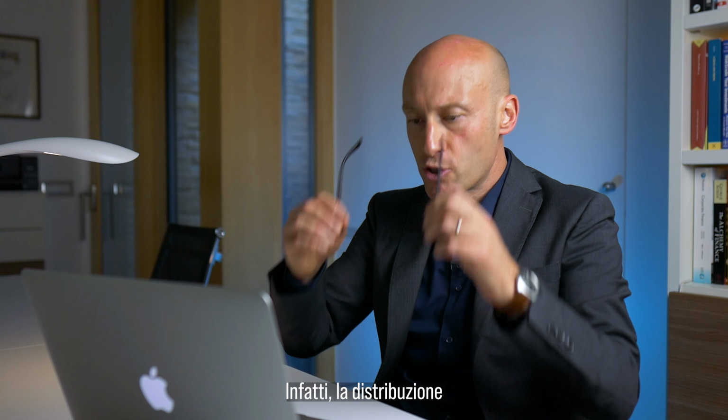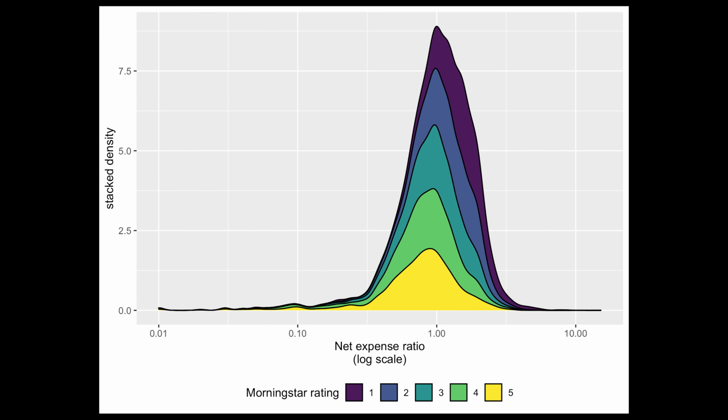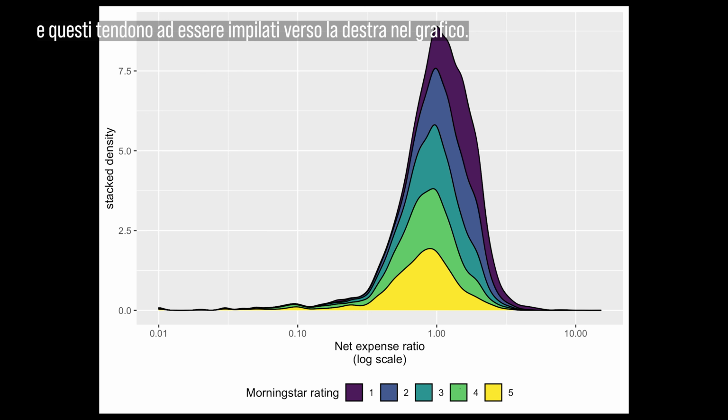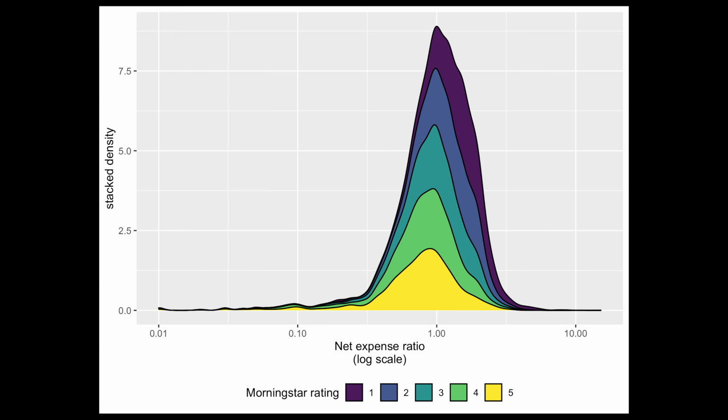Indeed, the distribution in the net expense ratio is skewed to the right, the lower the Morningstar rating. The darker colors represent the lower ratings, 1, 2, and perhaps even 3, and these tend to be stacked towards the right of this chart.